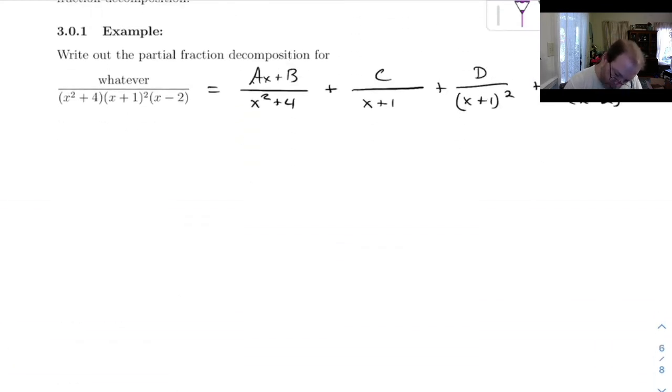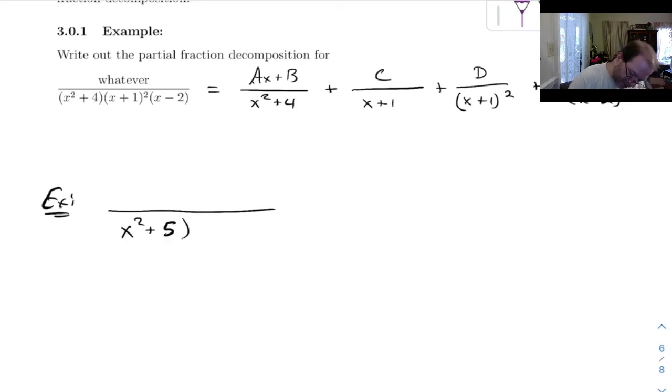Let's do one more example of this. Let's say you've got something over x squared plus 5 times x plus 1 squared times x squared plus x plus 1.